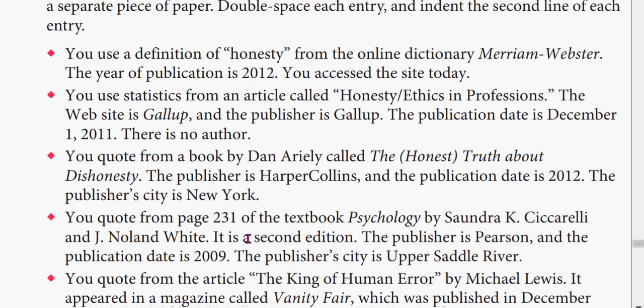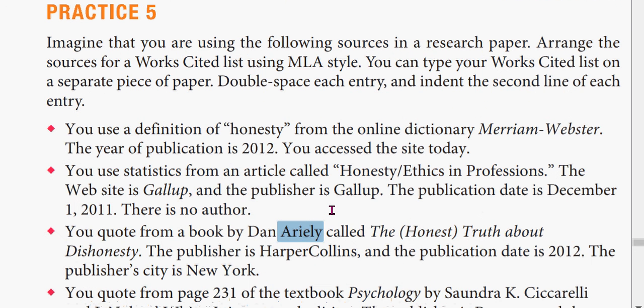So naturally, the first thing you're going to look at is called the author's last name, if it's there. If you don't find any author's last name, then you're going to have to go for the title of the web page.